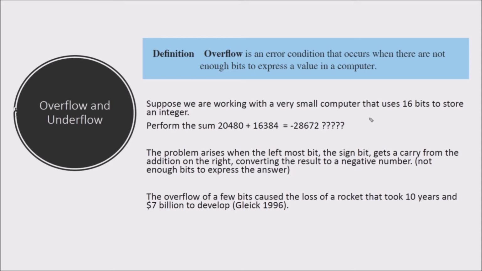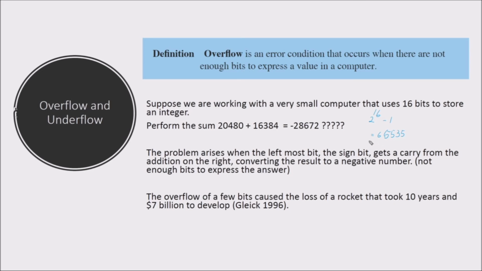The number I can store in my 16-bit is 65,535. That's the maximum number.